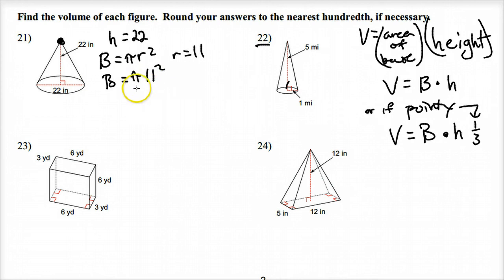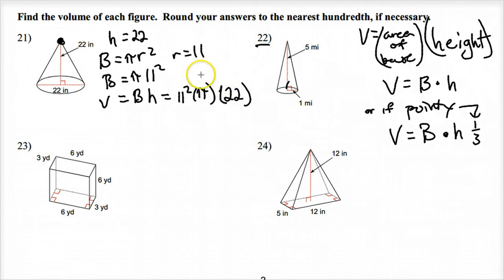Excellent. So the volume then is B, area capital B times H, which equals 11 squared times pi. I'm not going to simplify. I'm just going to set these pieces up. You can use a calculator if you need to. Times 22. And then I'm done. It was literally that easy.